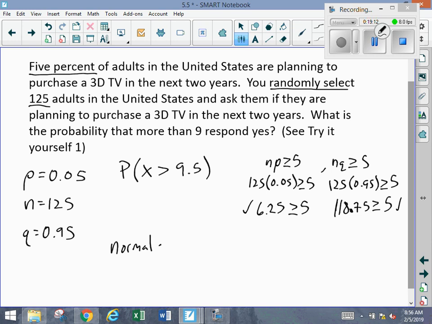Normal CDF with our lower bound as 9.5, right? Looking for a probability that it's above 9.5, so my lower bound is 9.5. That means my upper bound is what we're representing as infinity there, a big old number. And then our mean, we still need to calculate that.